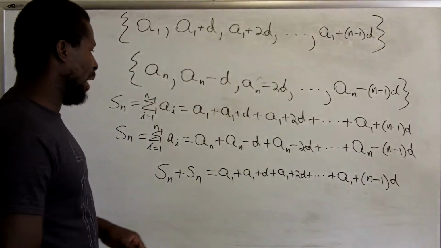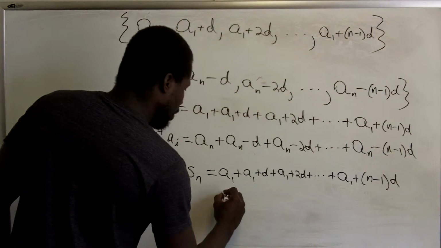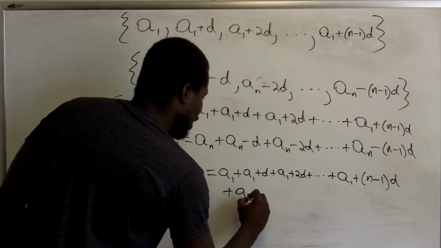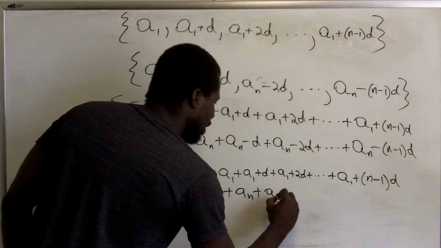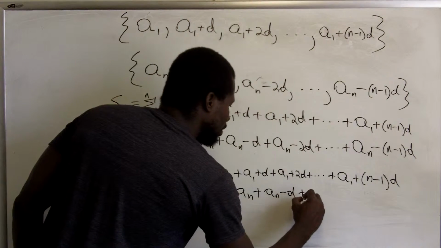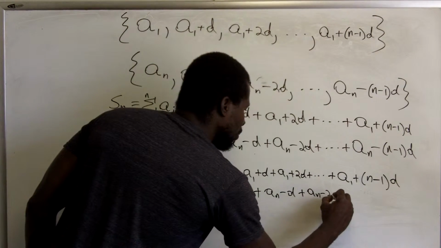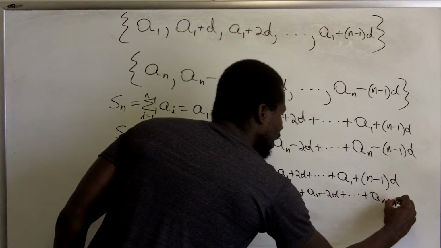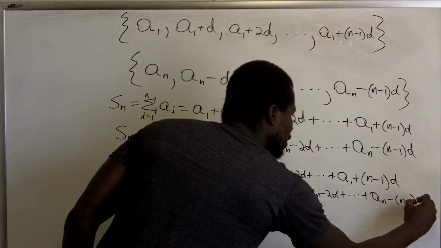And to that I'm going to add this one right here, an plus an minus d plus an minus 2d plus dot dot dot plus an minus (n minus 1)d.